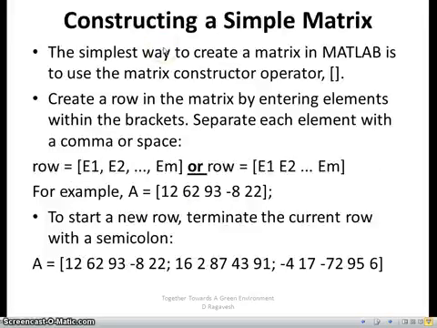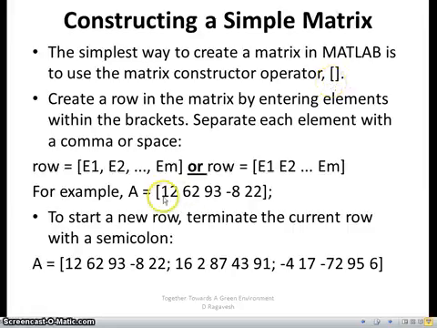In case you want to create a simple matrix, for example a 3 cross 3 matrix, how does it have to be done? Constructing a matrix is very simple in MATLAB. We have to use a set of square brackets. Whatever you enter within the brackets is going to be considered as matrix elements.